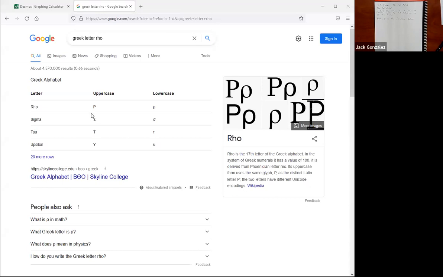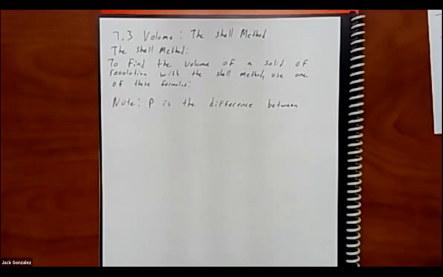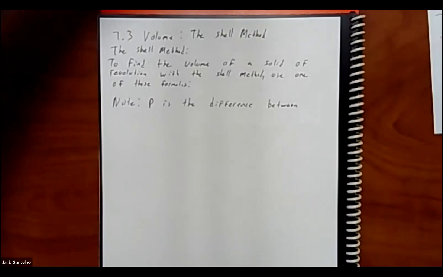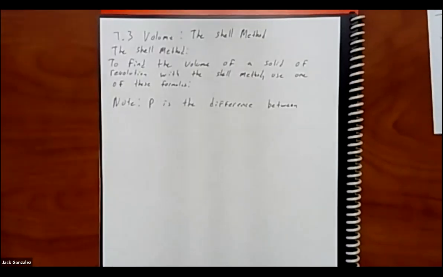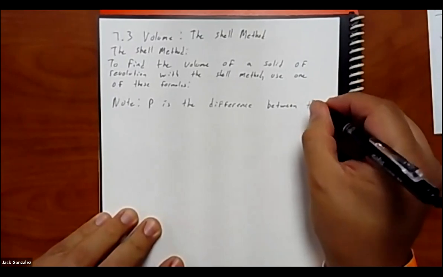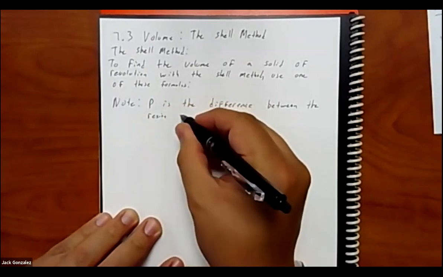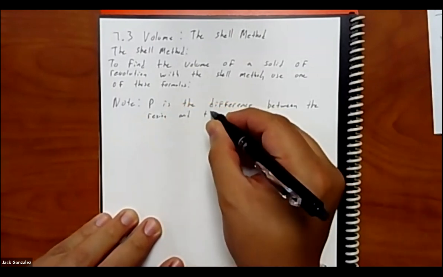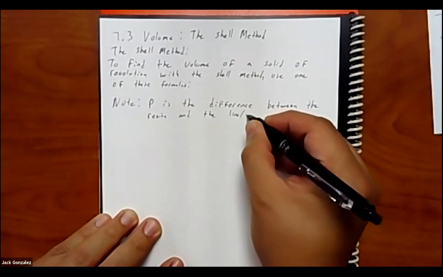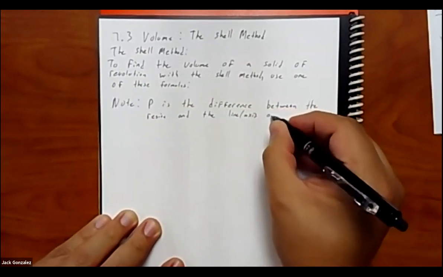There it is. So this is rho that I'm trying to write down. This is the difference between the region and the axis, line or axis, depending, of revolution.